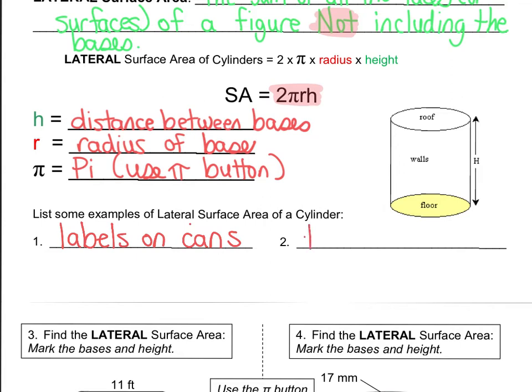How about toilet paper rolls? They're open at the top and the bottom, so all you have is cardboard around the sides. Let's even throw in another one, straws. Drinking straws don't have bases on the top or bottom. They're hollow, so it's just looking at the faces of that cylinder.